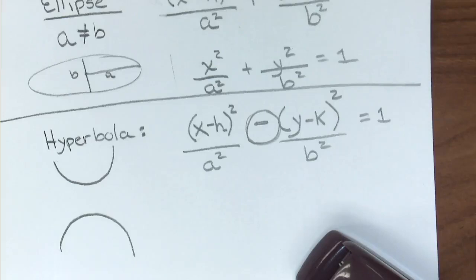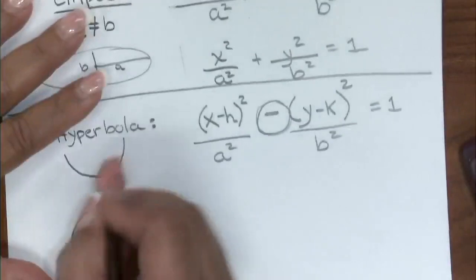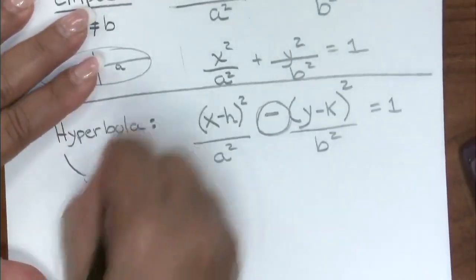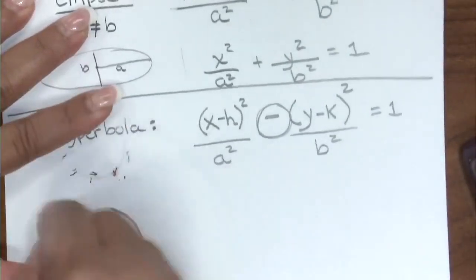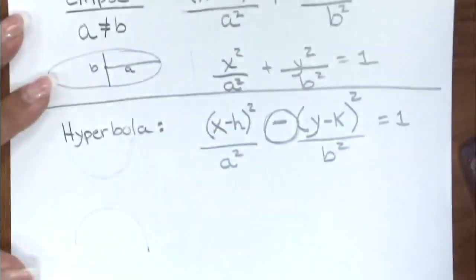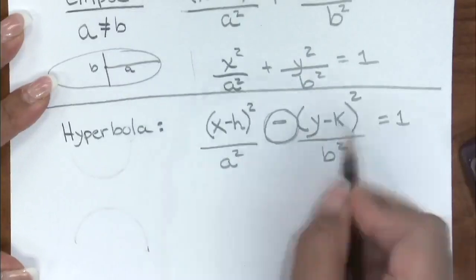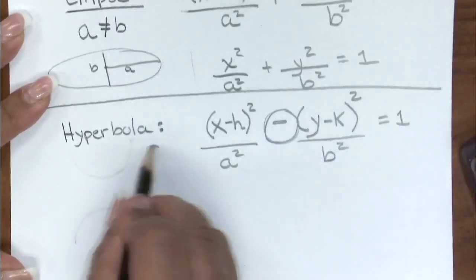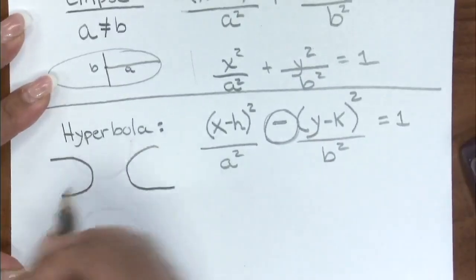So if this x expression is positive, whoops, I just did that wrong. Sorry, I got to change this picture. I'm very, very sorry, but I should have opened it to the positive x expression. That should have went, for this equation that I gave you anyway, it would open like that.